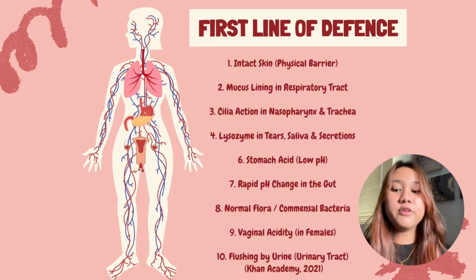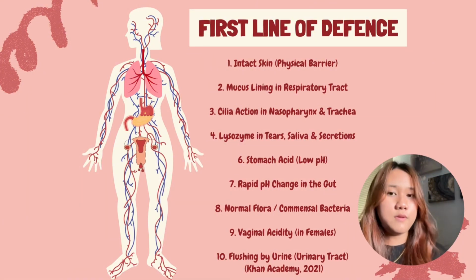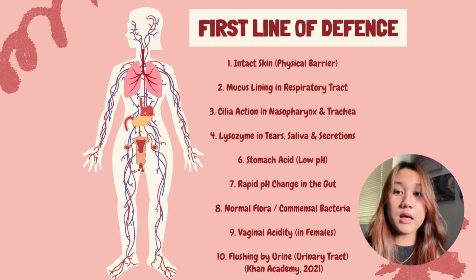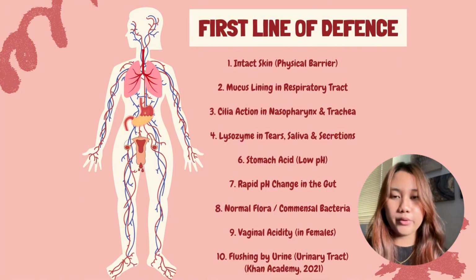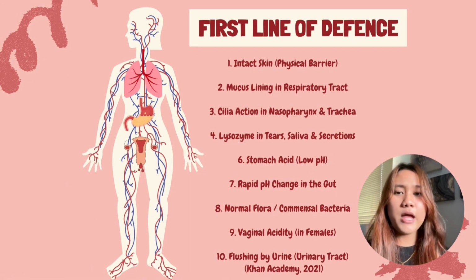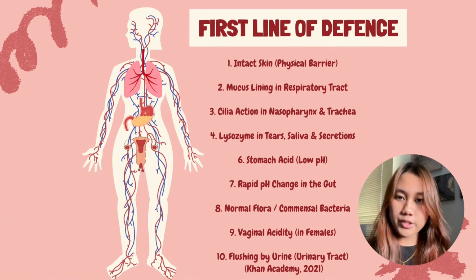Number 9, vaginal acidity in females. The vaginal environment has a naturally low pH that prevents the growth of many harmful microbes. This acidity is maintained by beneficial bacteria that protect against infection.